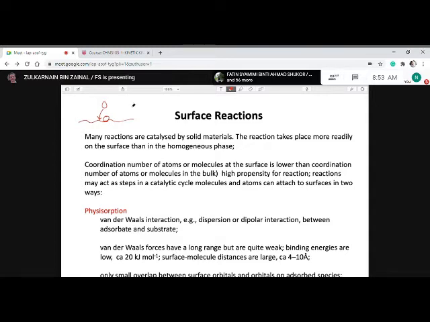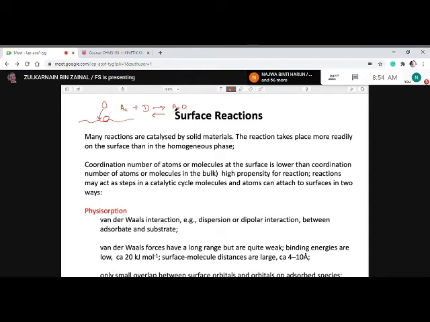So normally, if you have an adsorbate, for example A2, and an adsorbent, say D, what you get is the formation of a bond between the adsorbate and the adsorbent, A to D. For certain types of adsorption, the process is reversible, where desorption can occur by applying a certain amount of pressure.